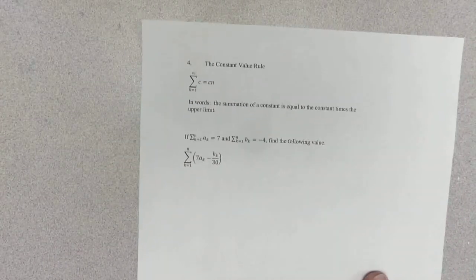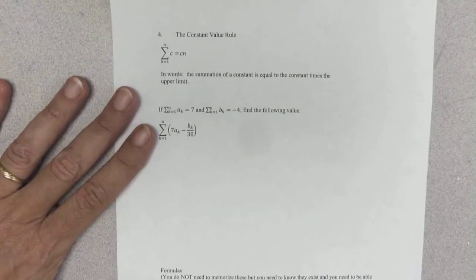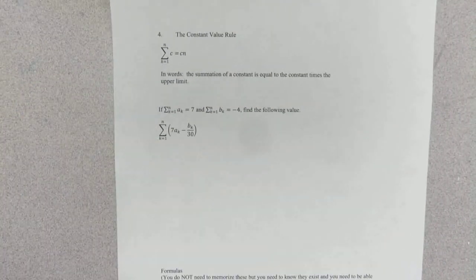More properties. The constant value rule. So this gives us one of our first kinds of formulas. The summation from k equal 1 to n of c is c times n. And that makes perfect sense. Say you were adding up 2 plus 2 plus 2 plus 2, you can just take the number of 2's and multiply by it.